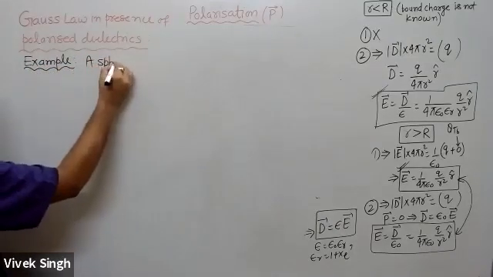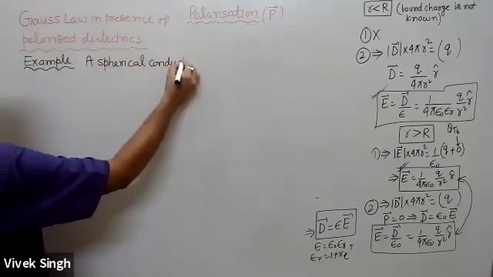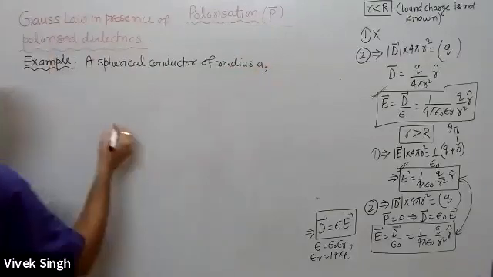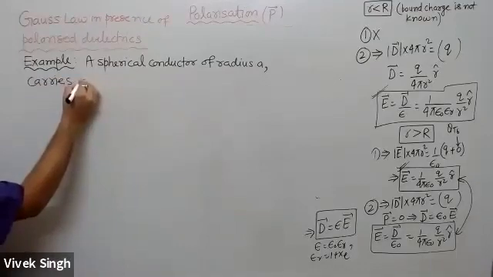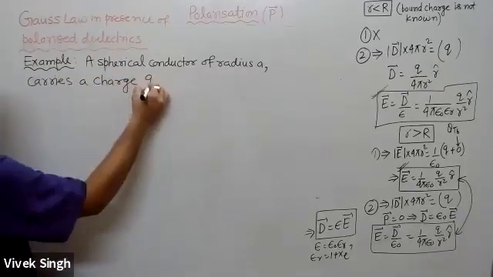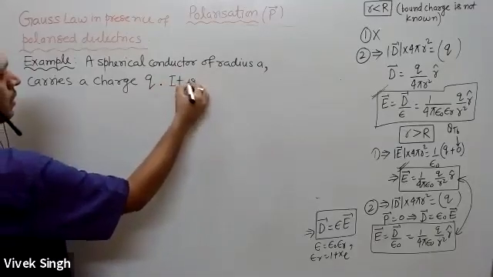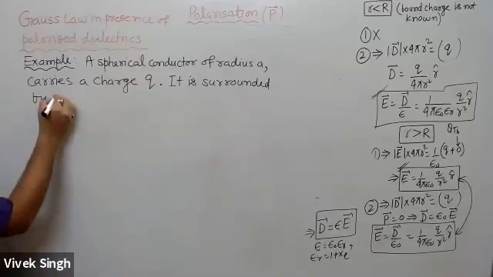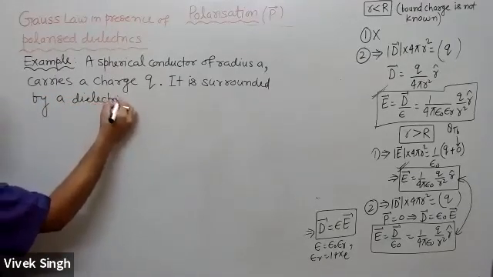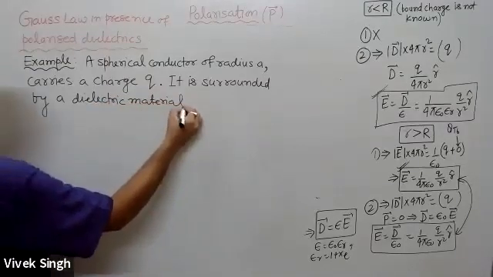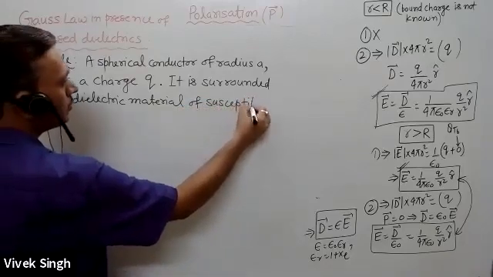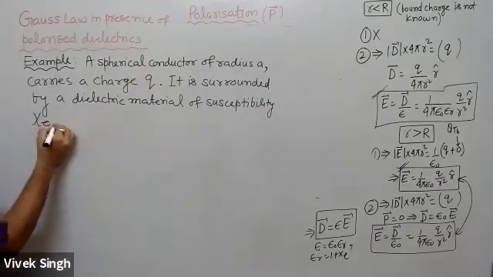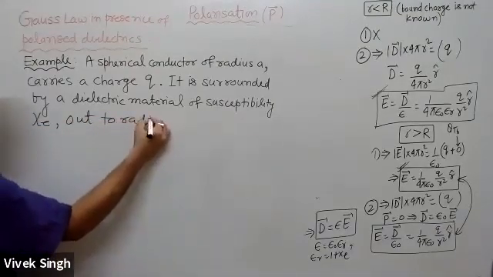A spherical conductor of radius a carries a charge Q, it is surrounded by a dielectric material of susceptibility chi e out to radius b.